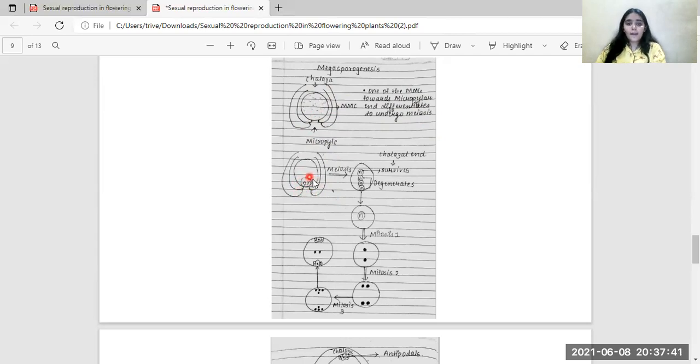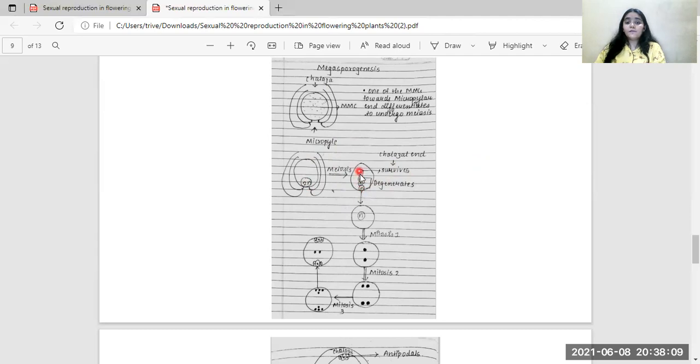Now let us further see what happens. The single MMC will go through meiosis and will give us 4 haploid cells. We are studying megasporogenesis, the production of megaspores from the MMC.